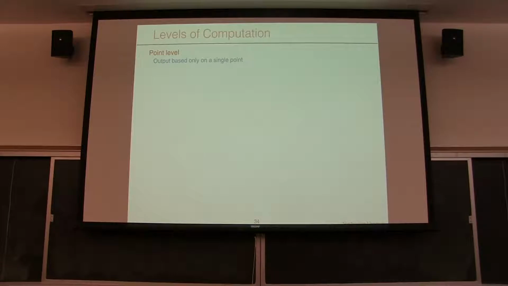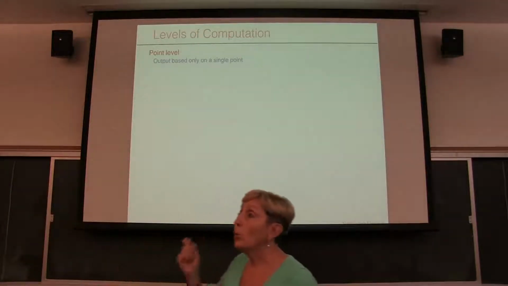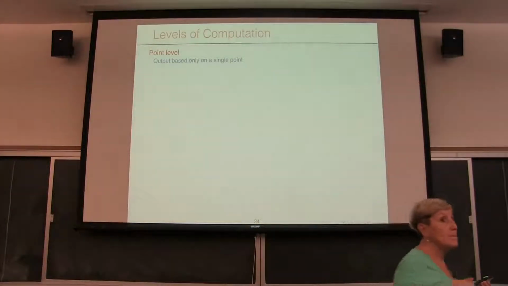To decide what I will put in the new image, at every pixel of my given image, I'm going to do an operation. And the result of that operation, I'm going to put it in the same location on the other image. But that function that I'm using depends only on the pixel I'm looking at. It doesn't depend at all on the rest of the image. Can you think of an operation that might be useful that would work at that level?